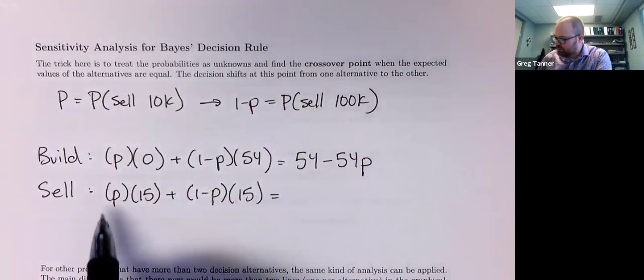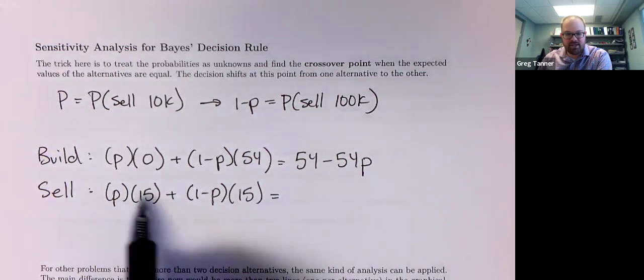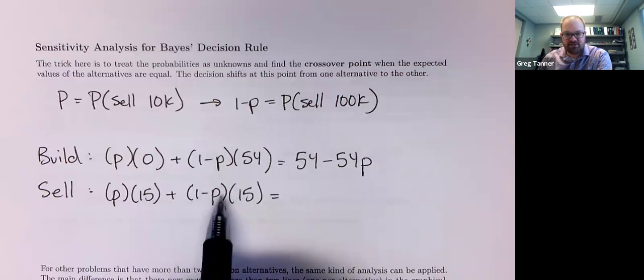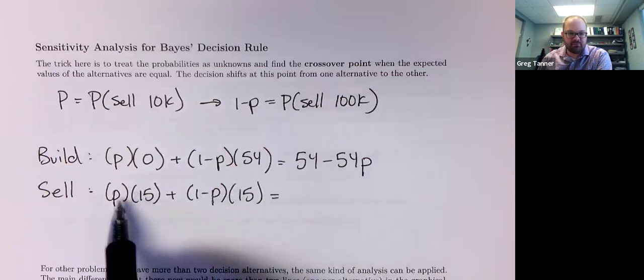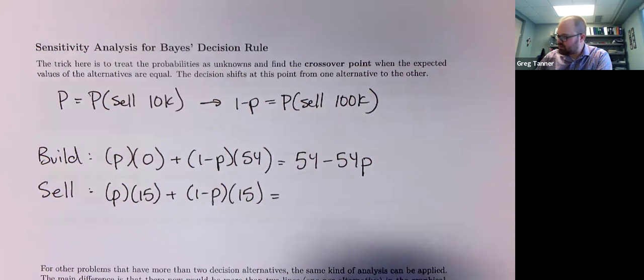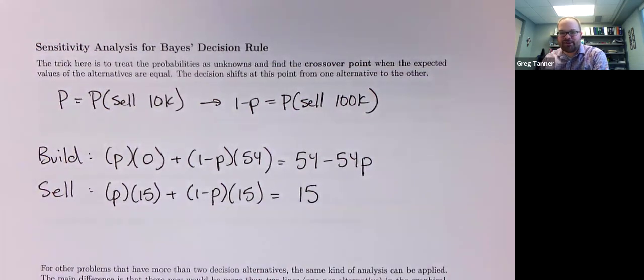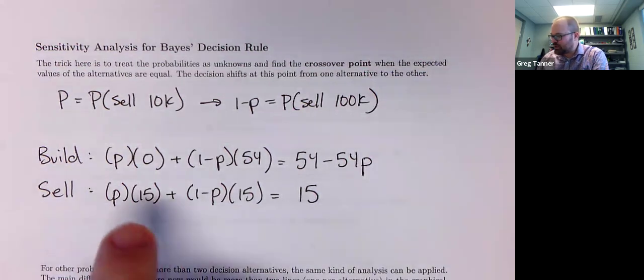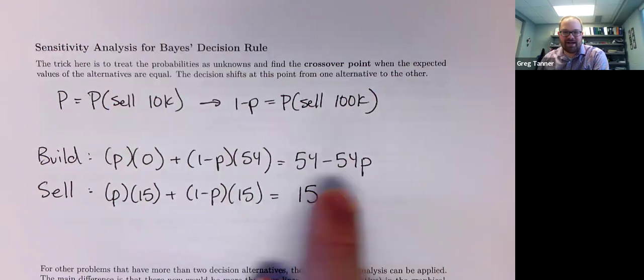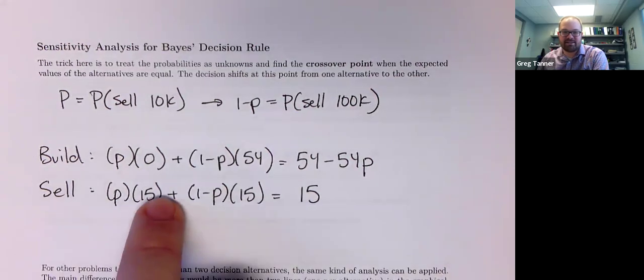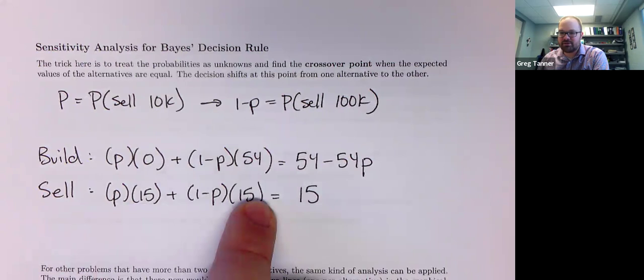If you do all the multiplication, we'll get 15P and 15 minus 15P. The plus 15P and the minus 15P cancel out, and we get exactly 15. So no matter what the prior probability is, we're always going to get 15 million out of the sell option because that's the payoff for both of the alternatives.